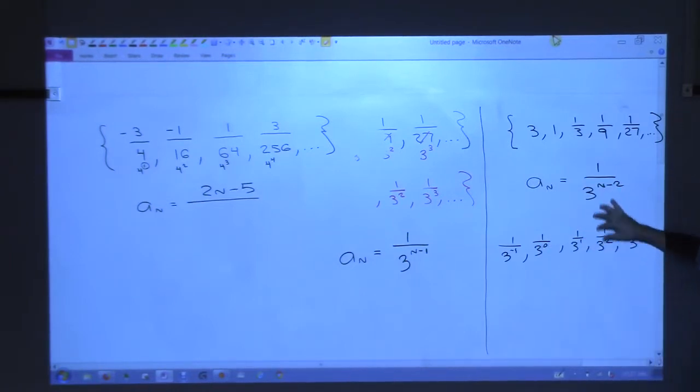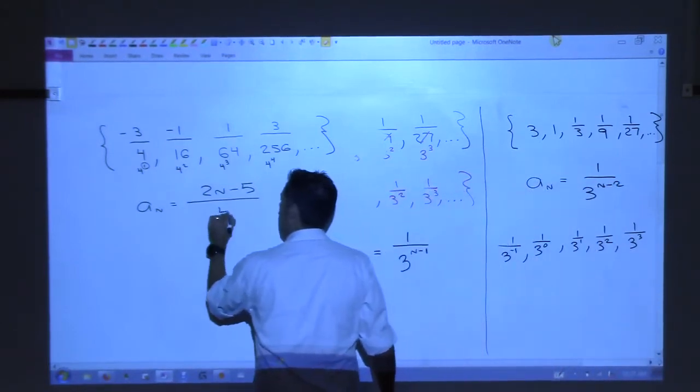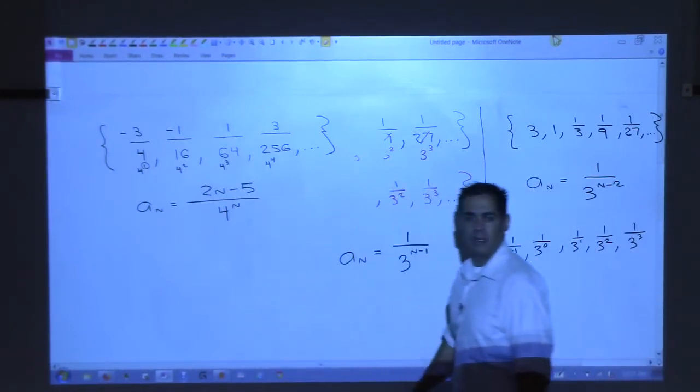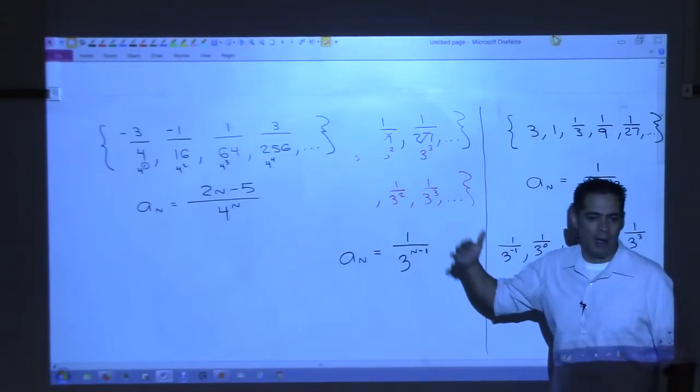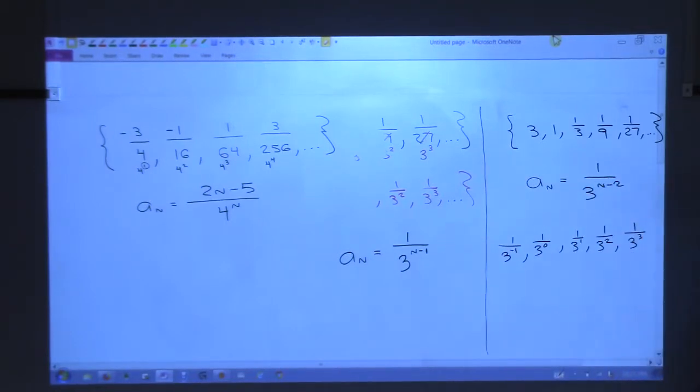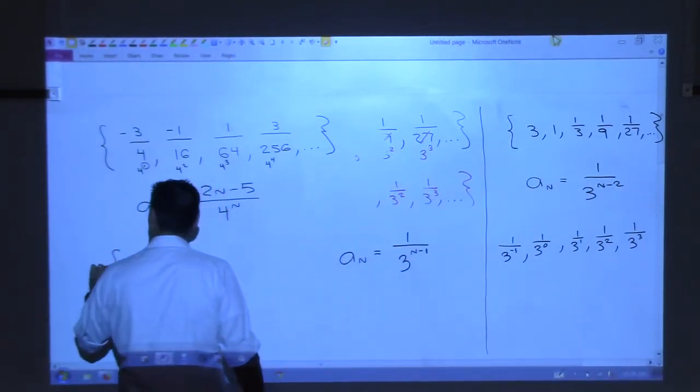Just like we did with these. 4 to the n. 4 raised to the n. Do you all agree that that would do it? Yes? So when it's a fraction like that, I like to look at fractions separately, top and bottom. That's the way I like to look at them. And I hope to find patterns that way. All right, next one.